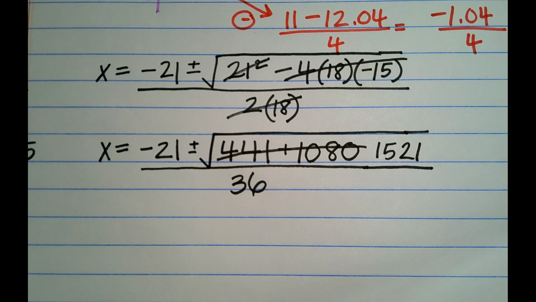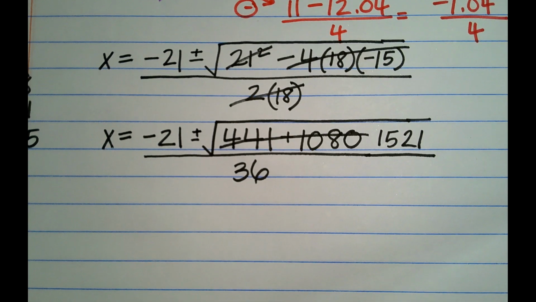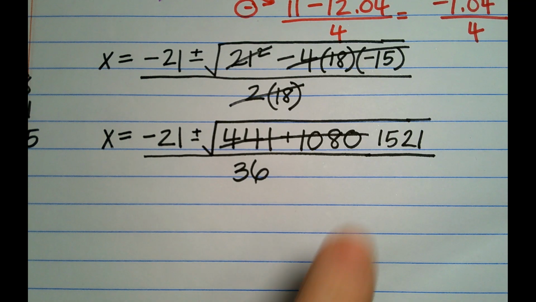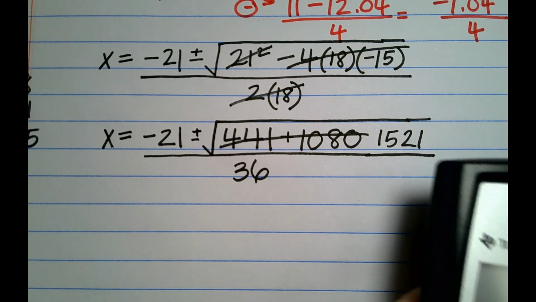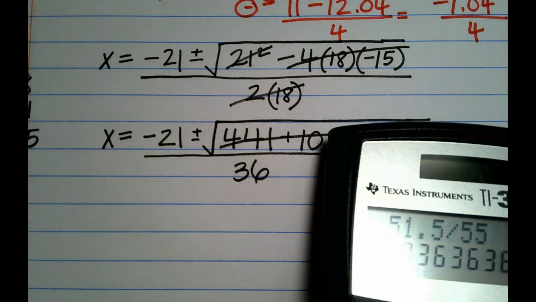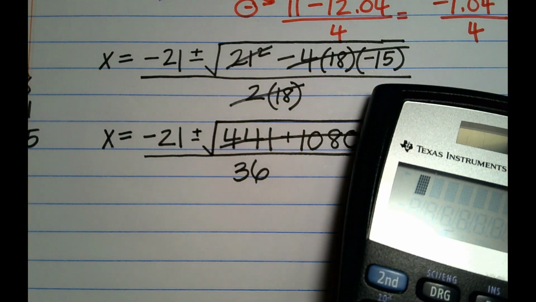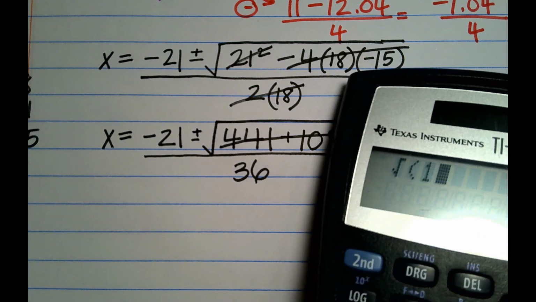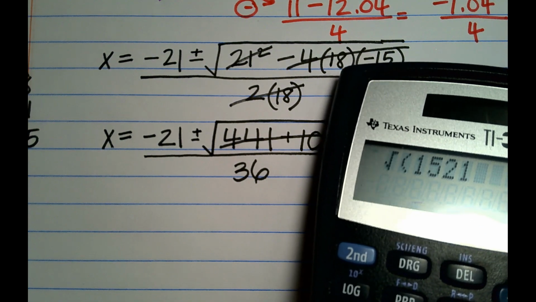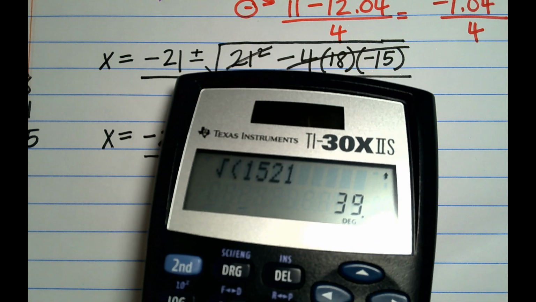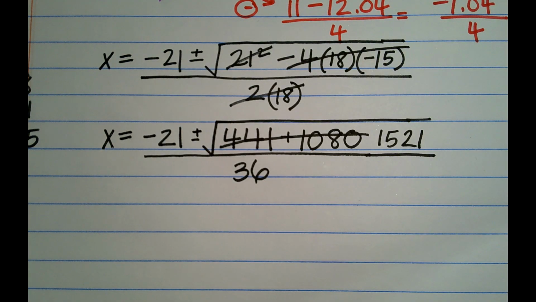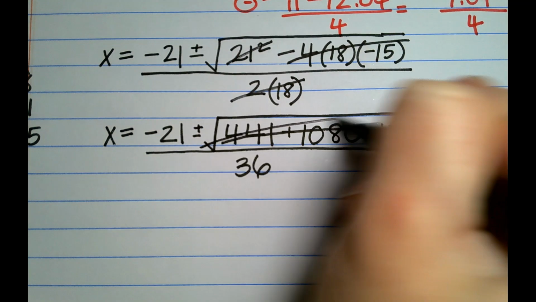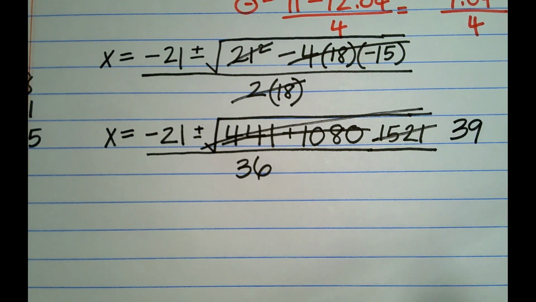What do I need to do before I rewrite my problem? Yes, now we want to see what is the square root of 1521. So, let's do that. The square root of 1521, and we get 39. Nice and simple. Okay, so my square root is done, and I know I'm going to be writing 39.